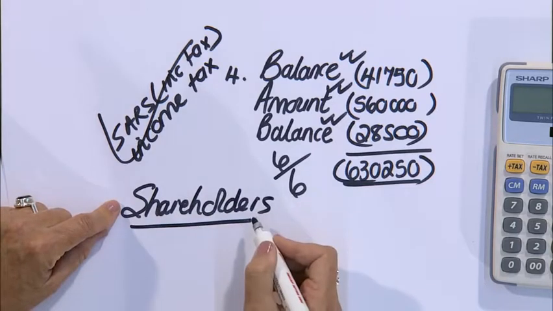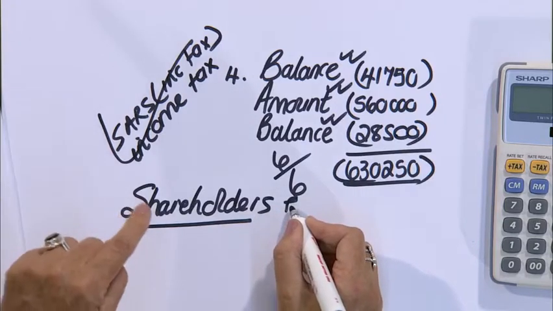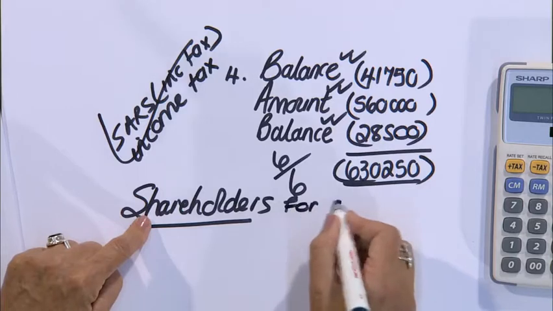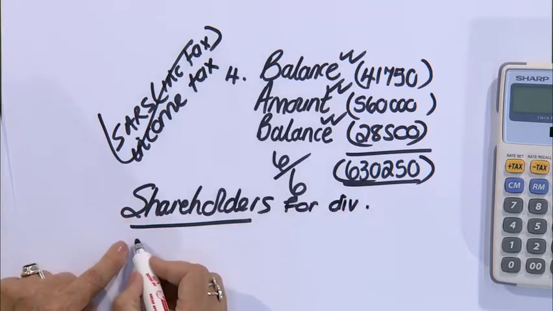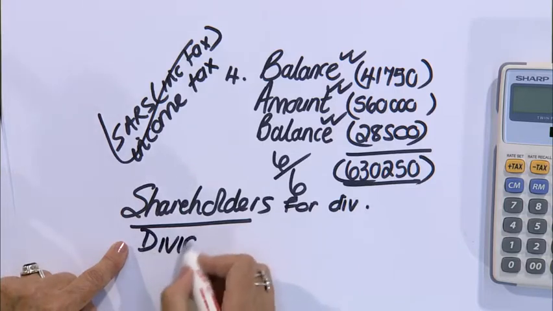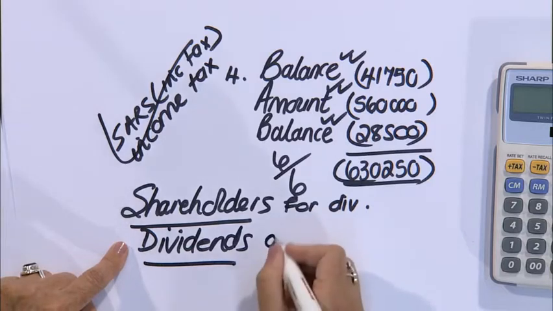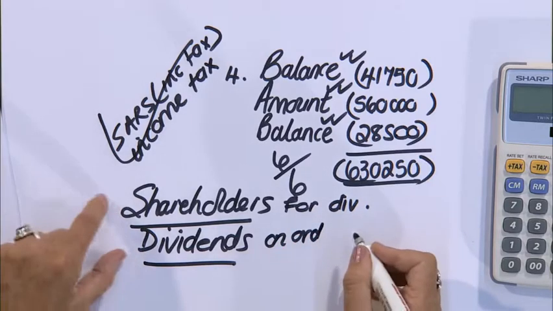That's the first word. Today, my matrix asked me, what's the difference? They still get confused. So focus on shareholders for dividends. And then I said, what's the first word of the other one? It's dividends on ordinary shares. So focus on the first word.